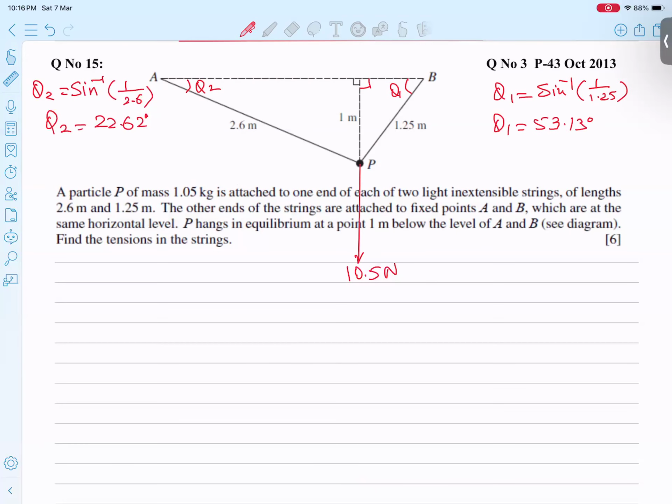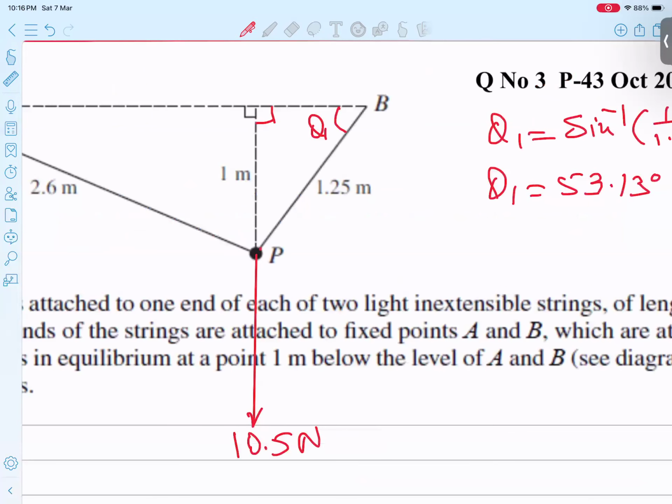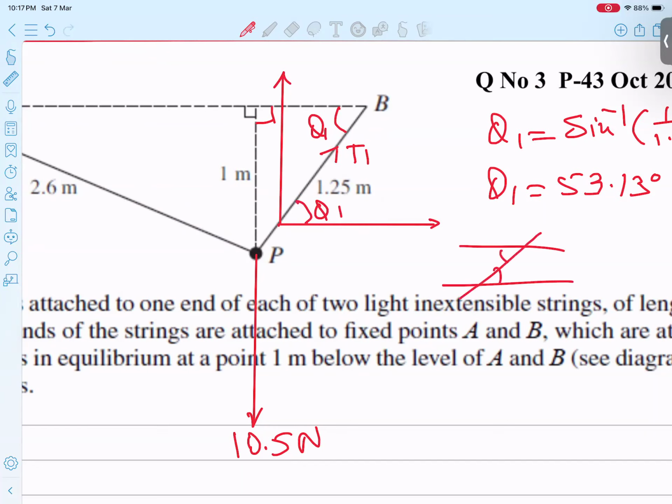Due to the weight, the tension will be this way, and this tension I call T1. One force, with one line parallel to the x-axis and one line parallel to the y-axis. So this is theta 1 as well, because two lines are parallel and a line cuts them, these angles are equal to each other.